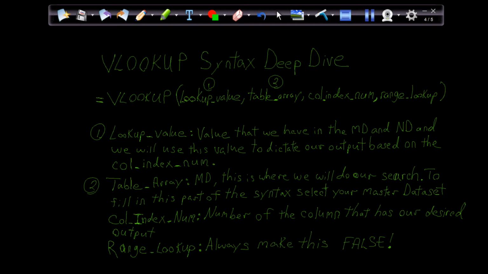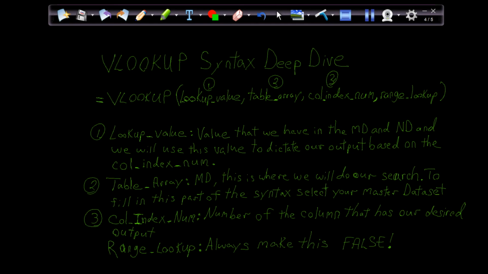Okay, now column index number. So column index number, that's going to tell us how far to go over in that row that we already designated. How many columns do we want to go over to return what's in that cell? And so assuming our first column in our master data set is housed in column A, that becomes number 1, column B is number 2, column C is number 3, so on and so forth.